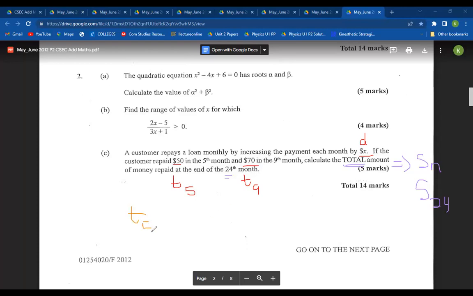So T5 is 50. T9 is 70. Making my two equations, from the general equation, let me write it: Tn is equal to A plus n minus 1 D.